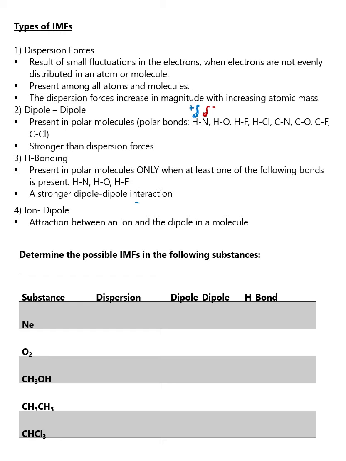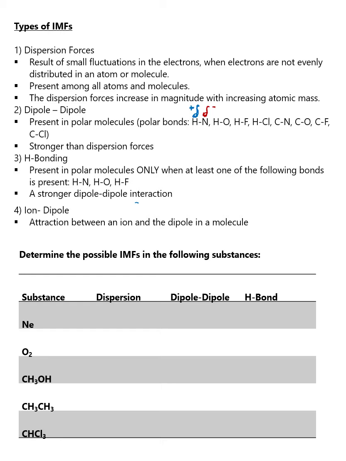For all of your polar bonds, not just the ones with hydrogen, the ones with carbon also, the most electronegative atom in those chemical bonds will always have a delta minus. The least electronegative atom in the chemical bond will always have a delta plus.